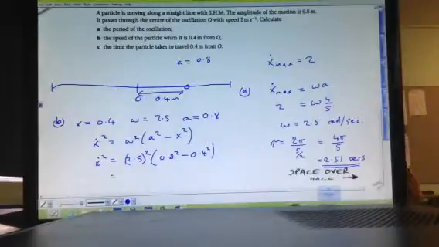You do it all without a calculator, which I usually do, but I can't bother today. Square root, you're going to get plus and minus. Why? Because whatever the velocity is doing here, whether it's going like that or like that, it's the same at 0.4 this side, whether it's coming back or going out.